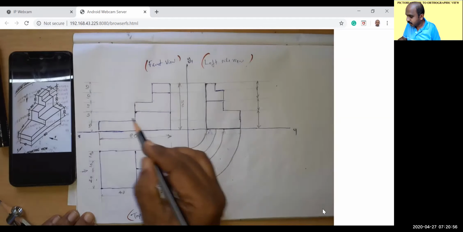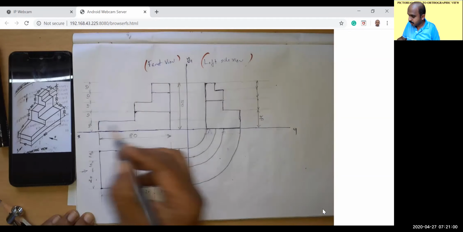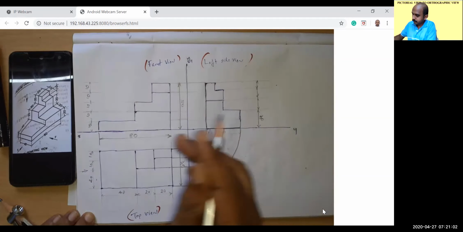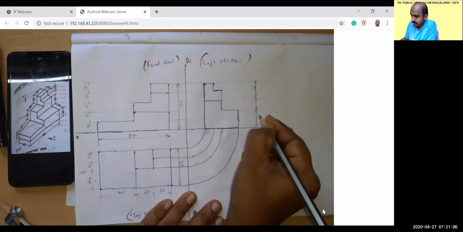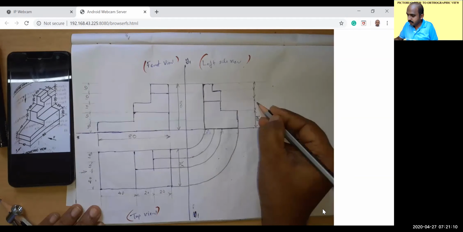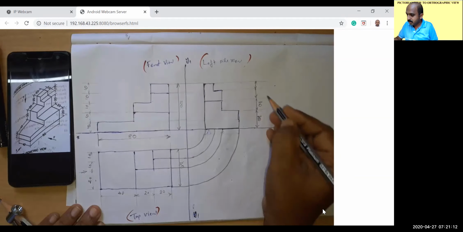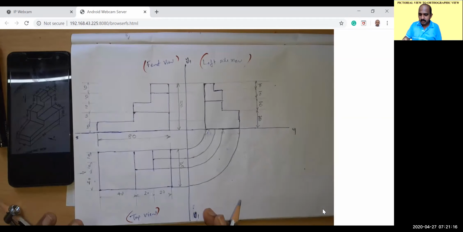This is equal to 20, because 10 plus 10 is equal to 20. What about this height? This is equal to 10 and this is equal to 10. With this, we completed this figure.